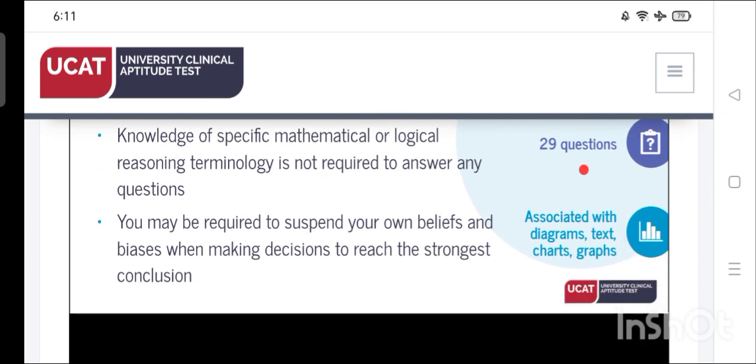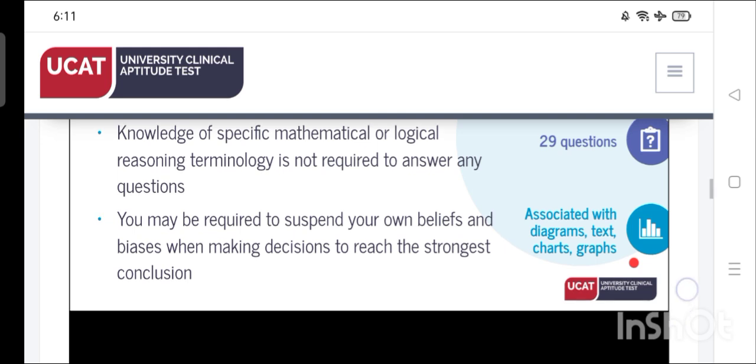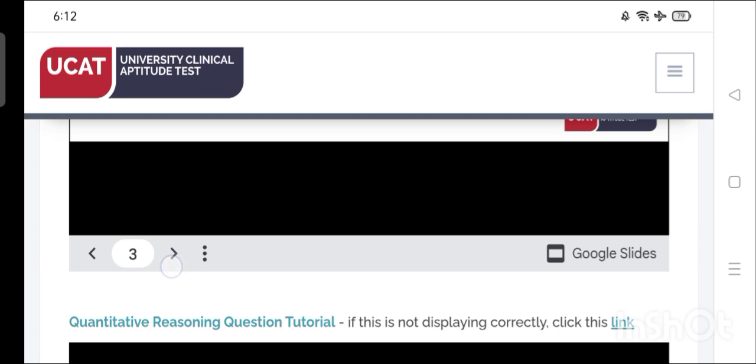And these questions are associated with diagrams, text, charts, and graphs. It means your question could be in the form of any diagram, it could be in the form of text or passage, charts or graph, and then you have to conclude your answer from that given data in only 31 minutes.